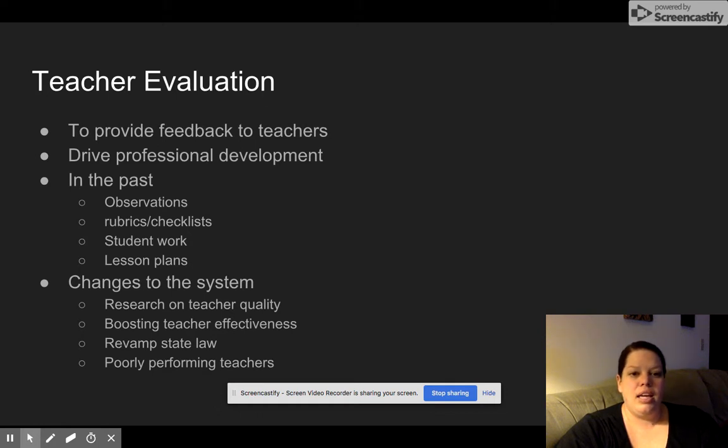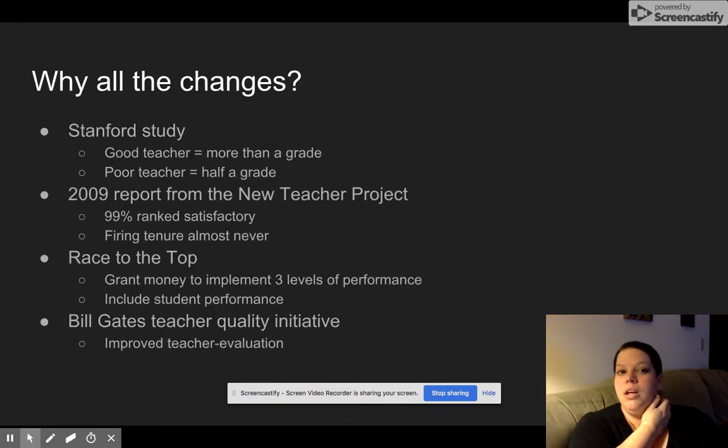Some changes to the system that we've seen recently, or the reason for these changes, is we've had a lot of research on teacher quality. We've had a lot of groups that are really advocating for boosting teacher effectiveness. There's been some revamp to the state laws and just what to do with poorly performing teachers and how those affect schools.